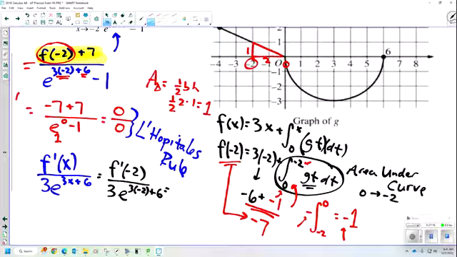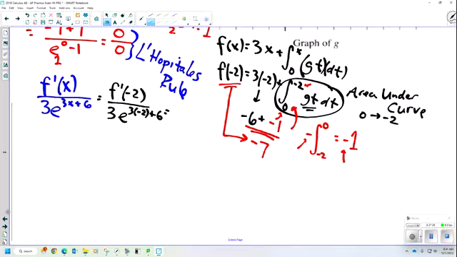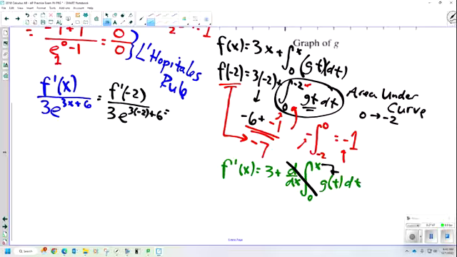So the question is the derivative of f. We did that in part A as well. The derivative of f from 3a was 3 plus the derivative of the integral from 0 to x of g(t) dt. And when we did that, remember, these canceled, the x went in here, so really it's 3 plus g of x.